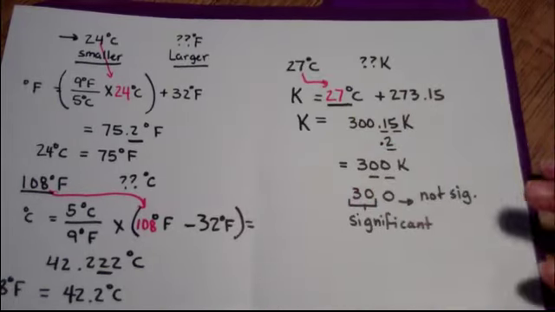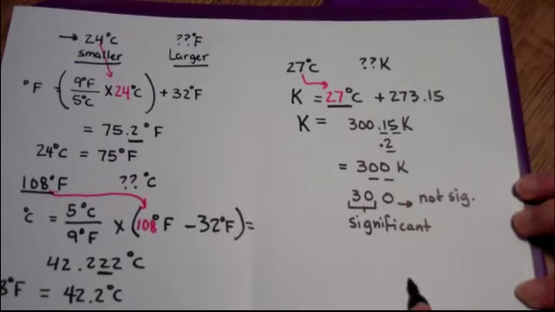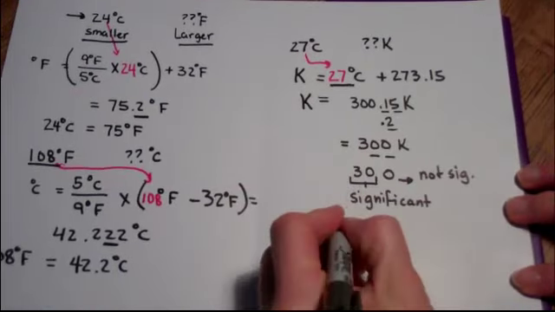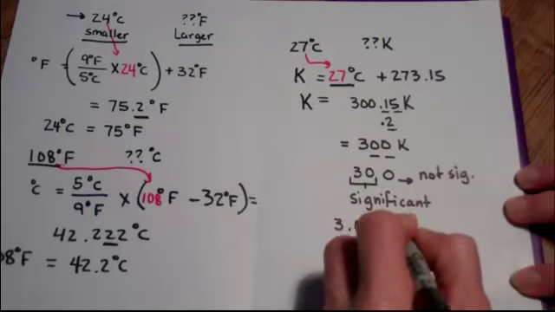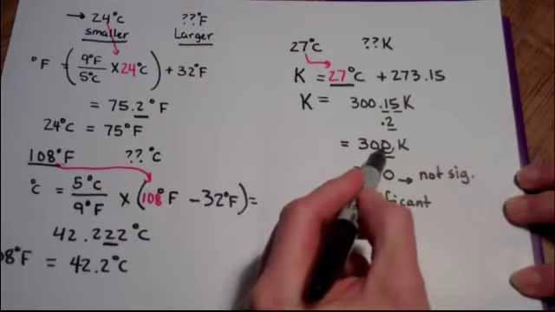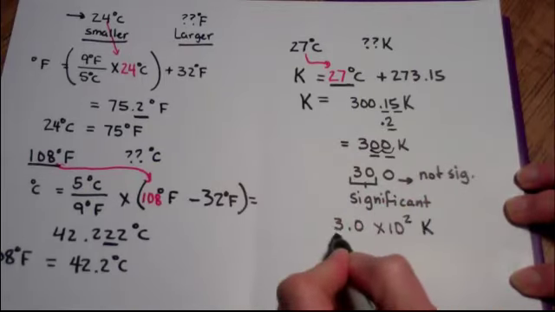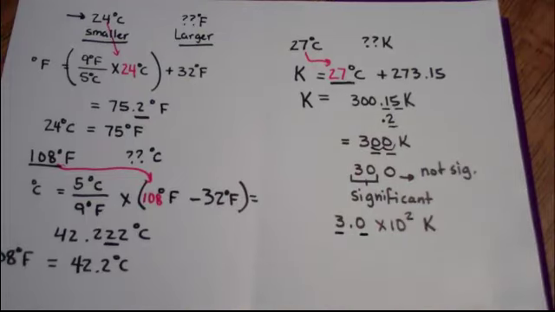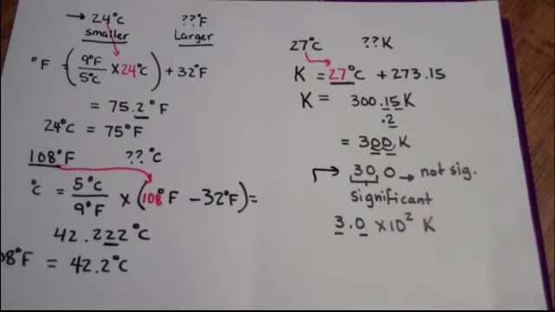If we wanted to express this as being significant, we could put it into scientific notation, and we could say 3.0 times 10 to the 2 Kelvin, moving the decimal back 2 places, and this would indicate very nicely that these 2 positions are significant and that the third position in our standard representation of this number is not significant. So these represent some conversions between different units of temperature.